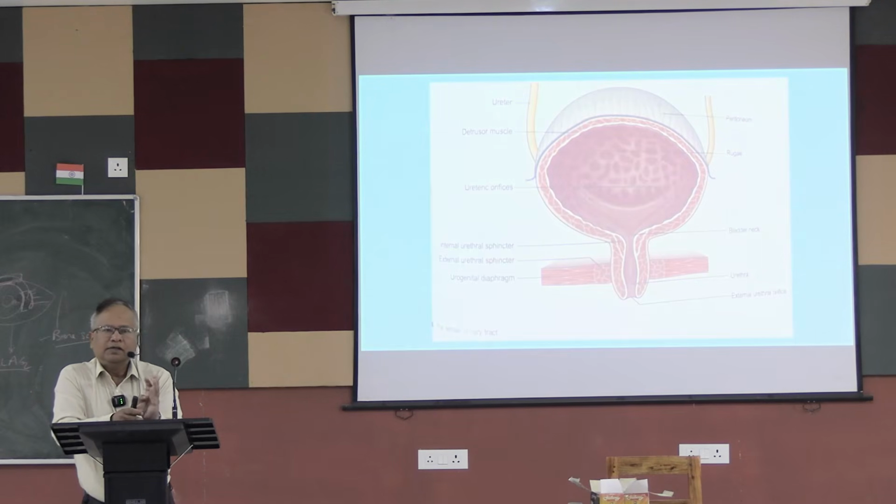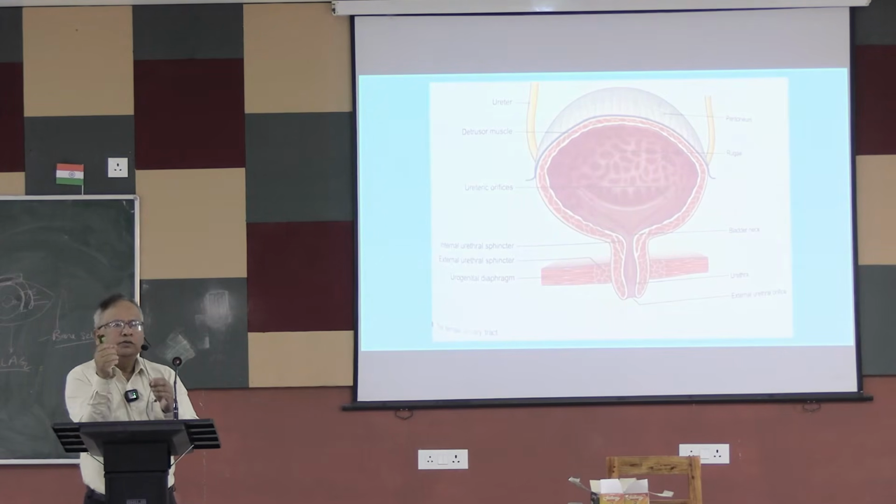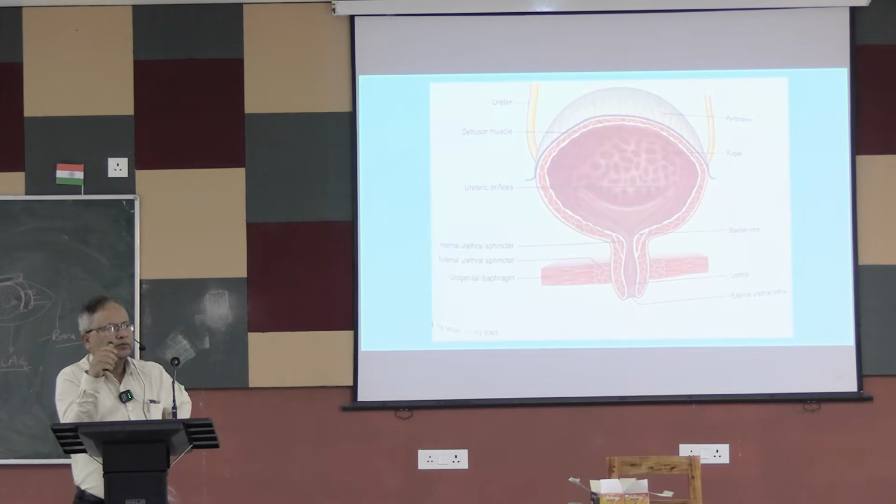Number one is urine analysis, that is very important. Number two is blood tests for different things. And number three is the radiological investigations. What do we test in the urine analysis? You have done this in biochemistry practical, where many things were tested.